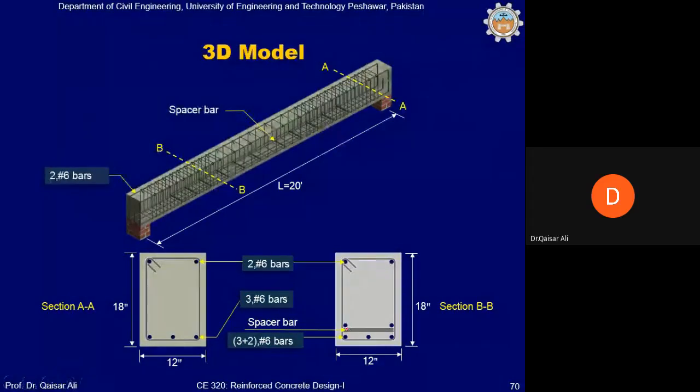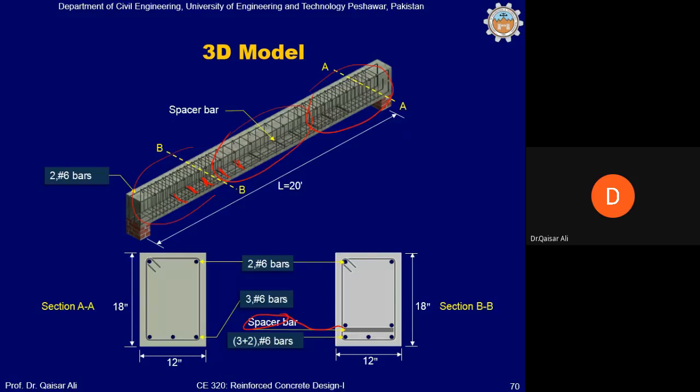Now in this case, as I told you, normally a spacer bar will not be required, but you can see that a spacer bar is provided here. You can see the 3D view of the beam. These are the spacer bars provided to support the bars of the second layer. And you can see closer stirrups at the ends and wider spacing at the center.